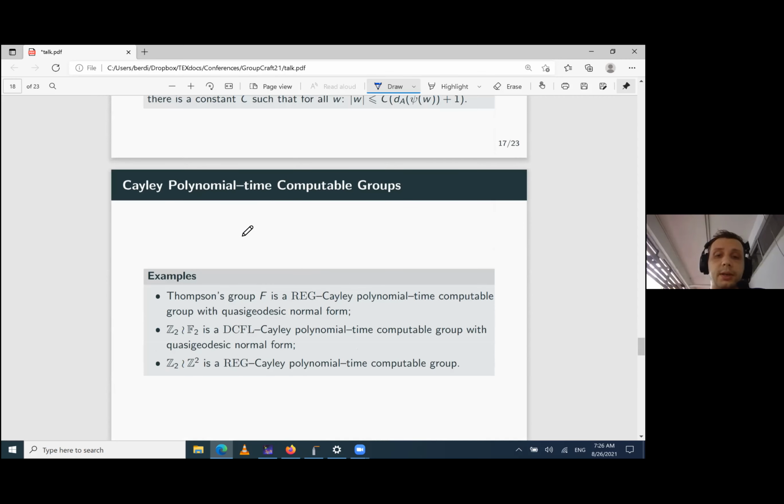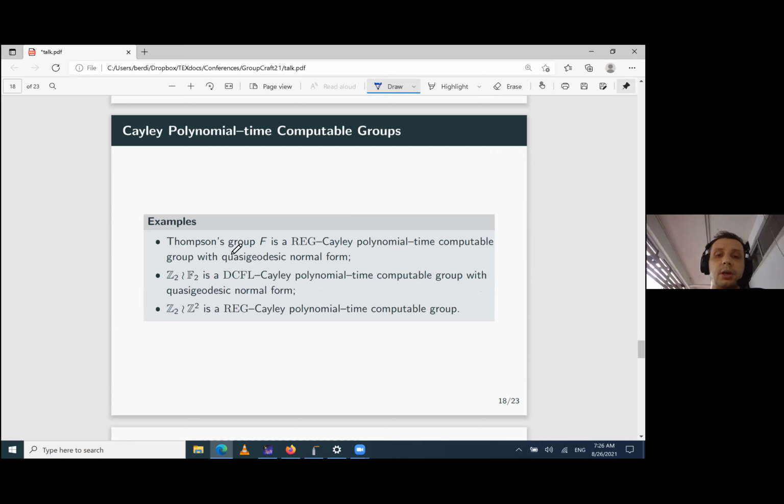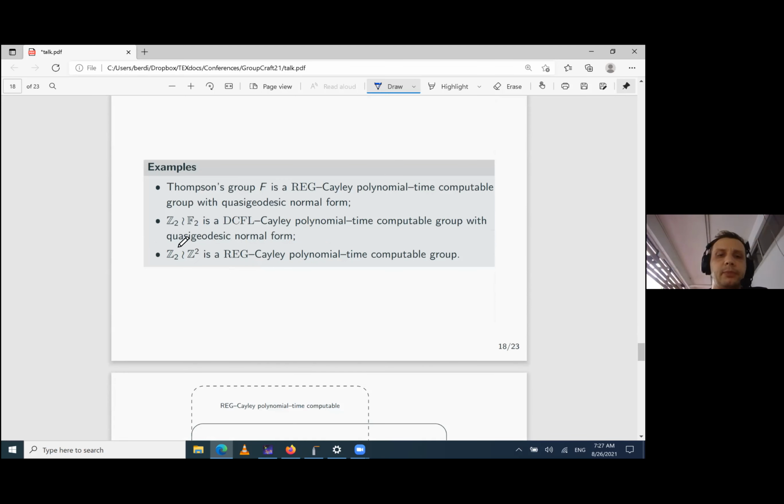Okay, so here are some examples. For example, Thompson's group. It is not known whether Thompson's group is even Cayley automatic, but here we prove that it is regular Cayley polynomial time computable with quasi-geodesic normal form. Actually, it follows from the previous result by Mara Elder and Jennifer Taback.